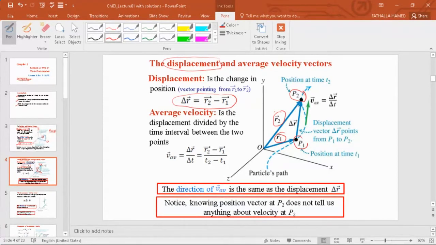But if I'm interested in the displacement, which is delta R, it's going to be R2 minus R1. When you put the tail to the tail, and now this arrow here is pointing toward P2, that's when you're going to have your delta R, which is equal to R2 minus R1. This is now your displacement vector.